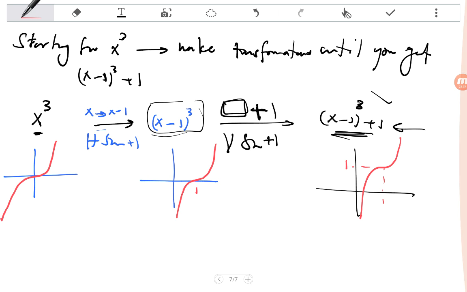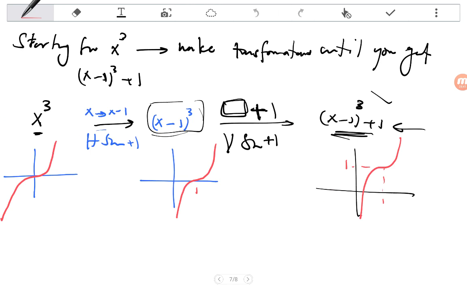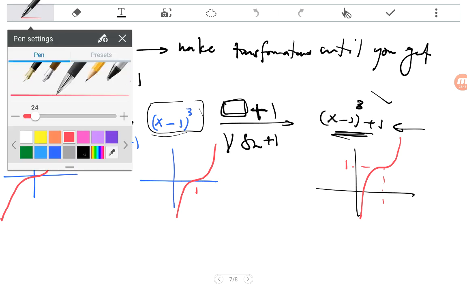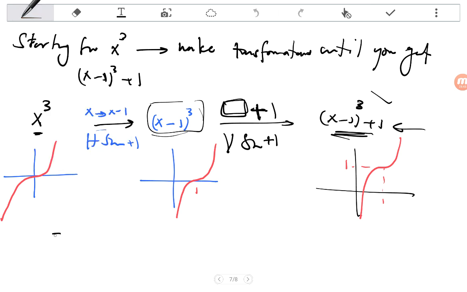Okay, another example. What if I need to graph negative x minus 1 all cubed plus 1? I've managed to make the previous one. Now, from that one, how could I get this one?